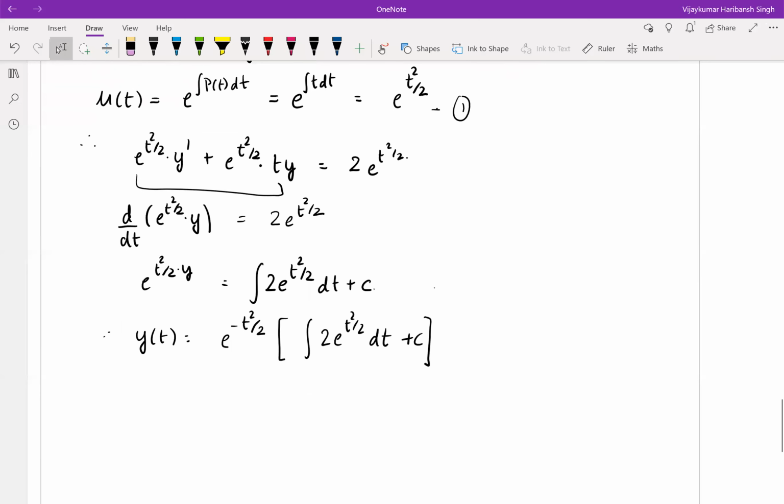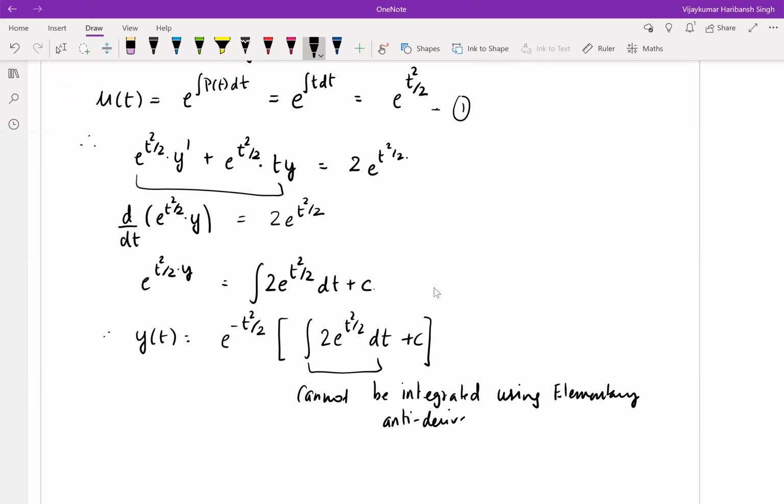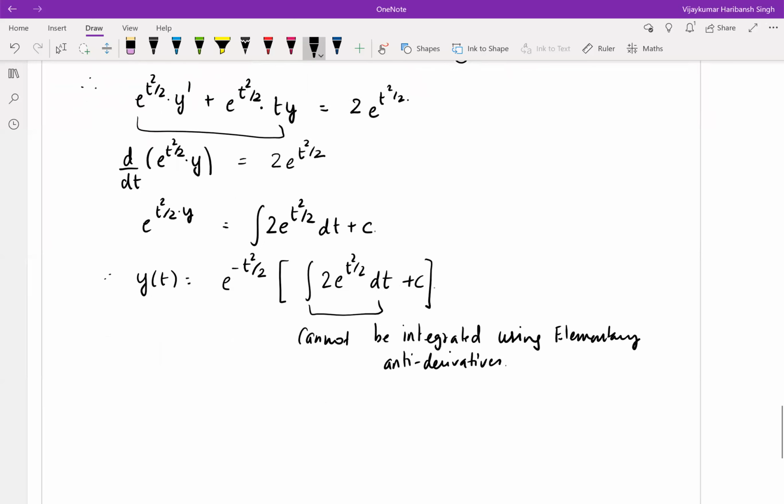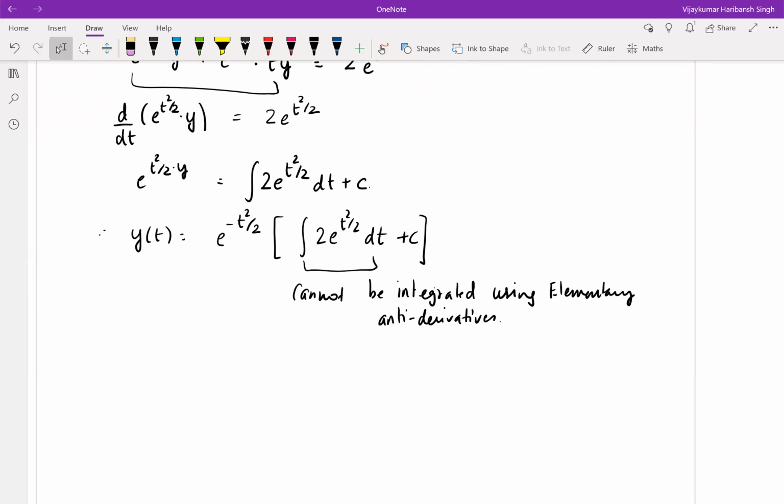Now we would like to integrate this, but this function cannot be integrated using elementary antiderivatives, because it has no elementary antiderivative.